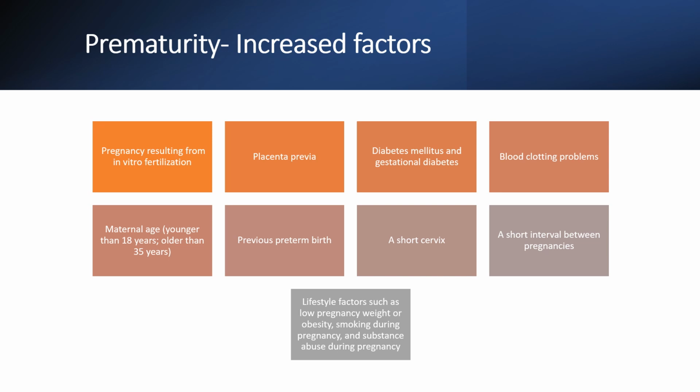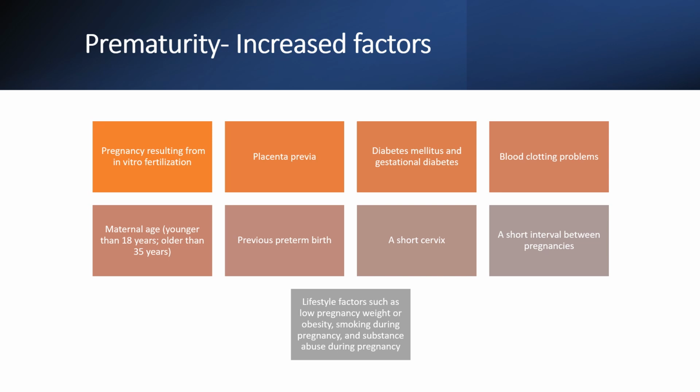Blood clotting problems; maternal age younger than 18 or older than 35, which can cause increased risk, particularly the older ladies. It could still go with no problem, but we need to be aware and ready to intervene.